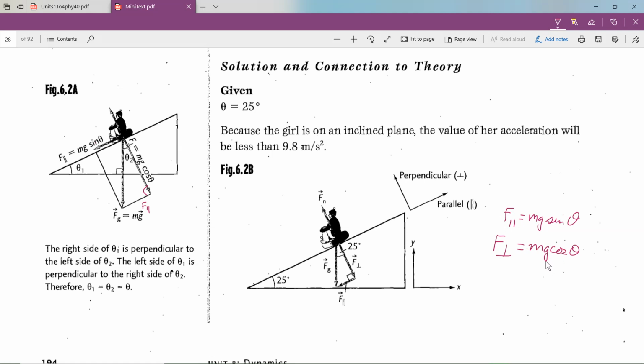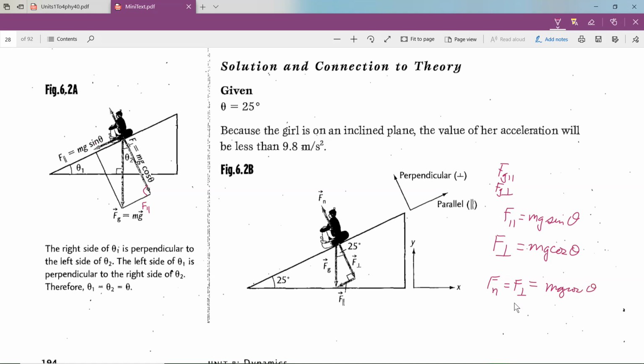So F perpendicular is mg cos theta. Sometimes you see it written as FG parallel and FG perpendicular, but that's too many subscripts. So just F parallel and F perpendicular are good ways to write it. And so in this case, the normal force equals the perpendicular force, equals mg cos theta.